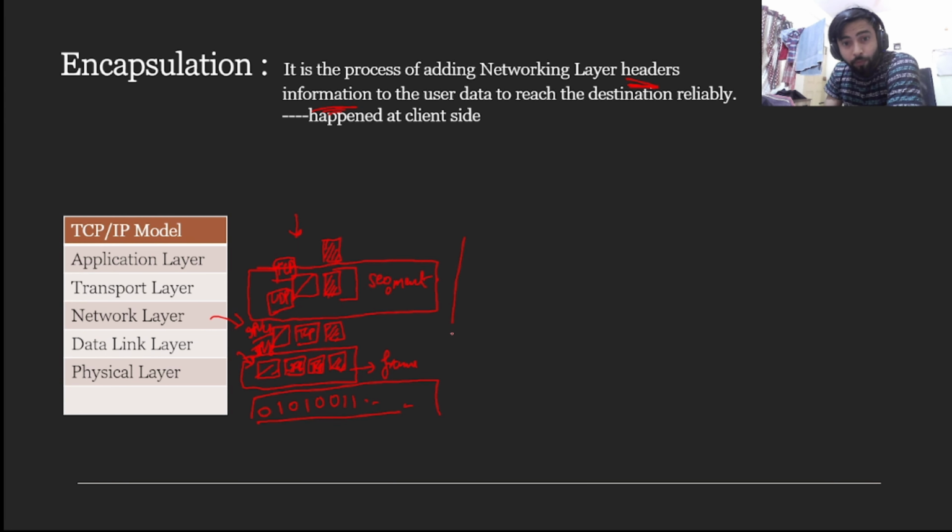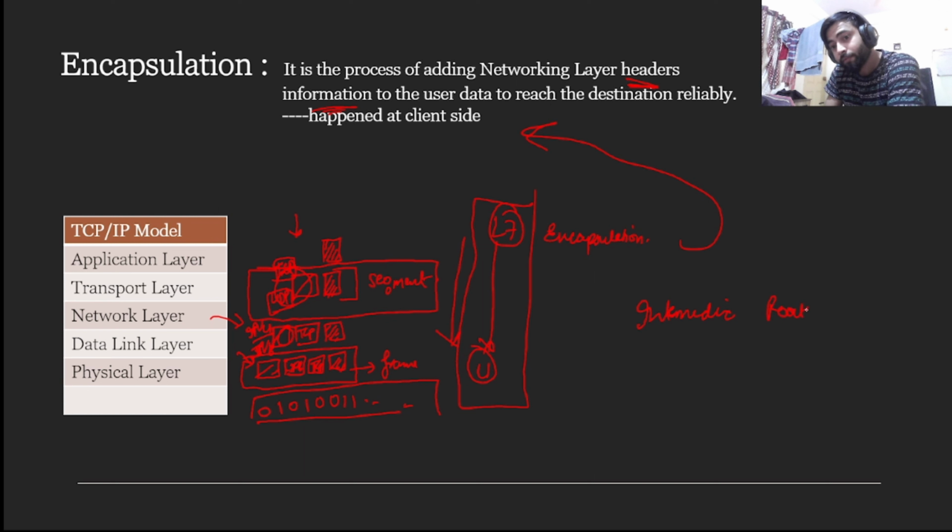So the process of adding headers from layer 7 of the OSI model down to layer 1 is called encapsulation. It majorly happens at the client side, and sometimes at intermediate devices like a router. We'll discuss the whole process.